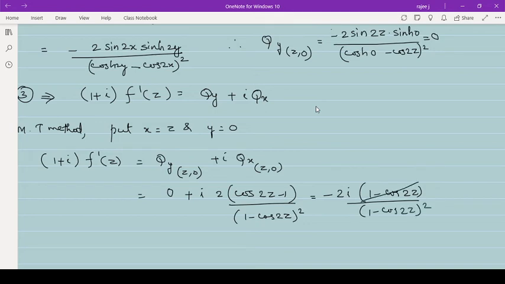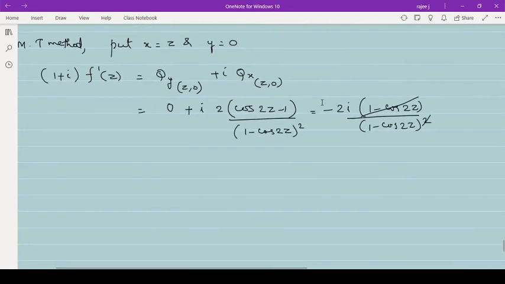That you can do directly, not necessary to show it separately. Above where you got this one, there only you can simplify this. So minus 2i divided by 1 minus cos 2z.